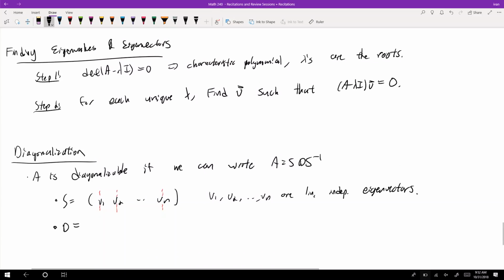D has lambda 1, lambda 2, through lambda n on the diagonal, so the lambdas are your eigenvalues. Remember, these have to be associated with each other: lambda 1 has to be the eigenvalue that you used to find v1, lambda 2 the eigenvalue you used to find v2, and so on.